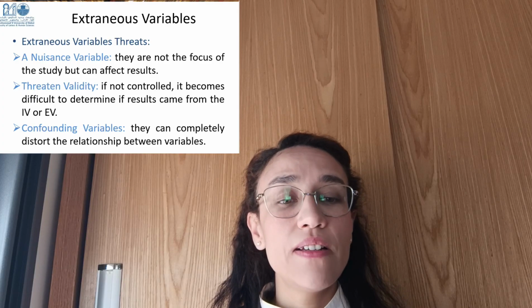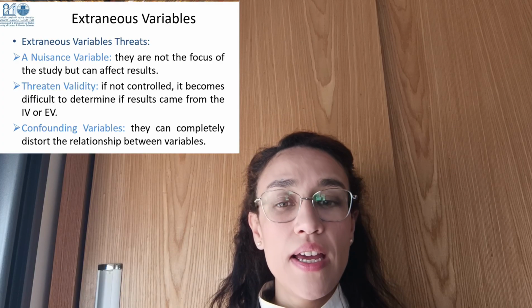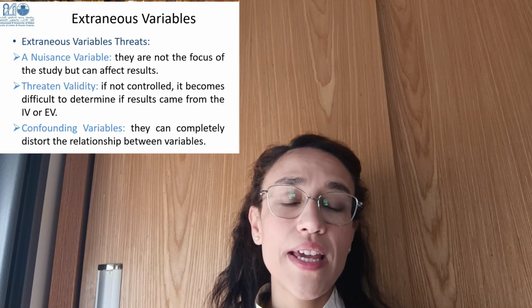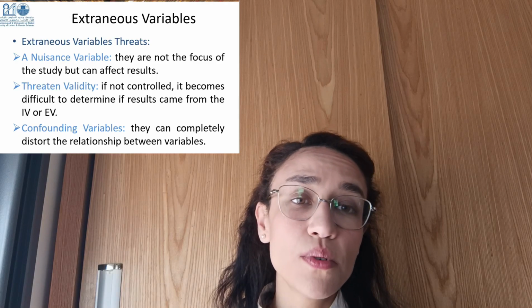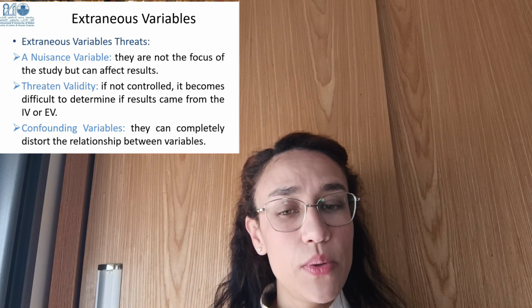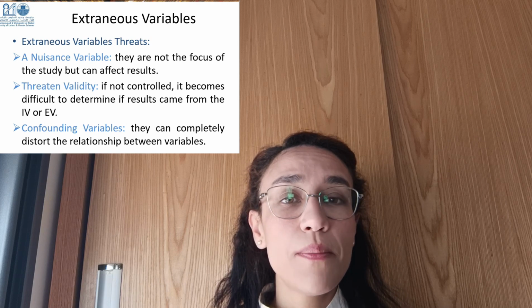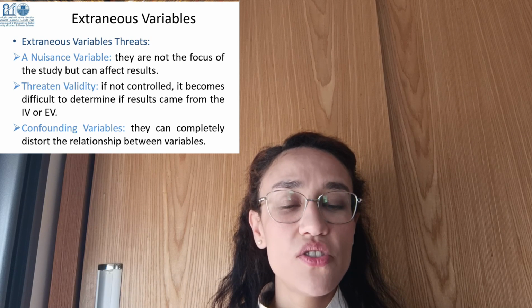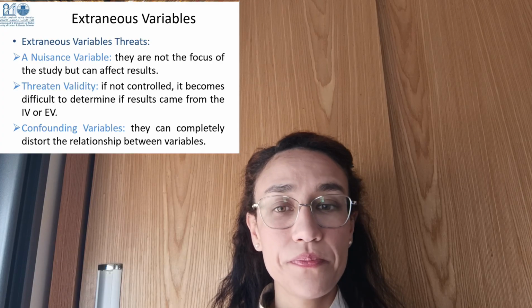It can threaten the validity of the research. If it is not controlled, it becomes difficult to determine if the outcome came from the independent variable or the extraneous variable. And lastly, it can become a confounding variable, which completely distorts the relationship between variables.